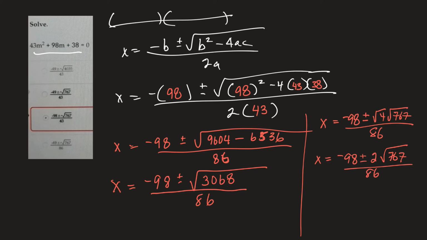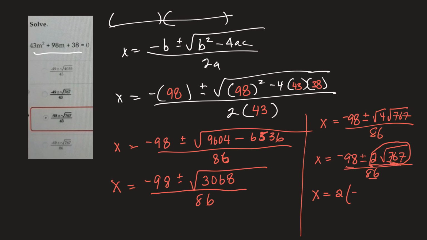And now 2 will go into all of these terms, into that, and that. Notice that 2 root 767 is one term. So I'm just going to divide the 2 into the 2, not the 767. Another way you could think of that is factoring out a 2. So I can factor out a 2, and I'd be left with negative 49 plus or minus root 767 all over 43 times 2.